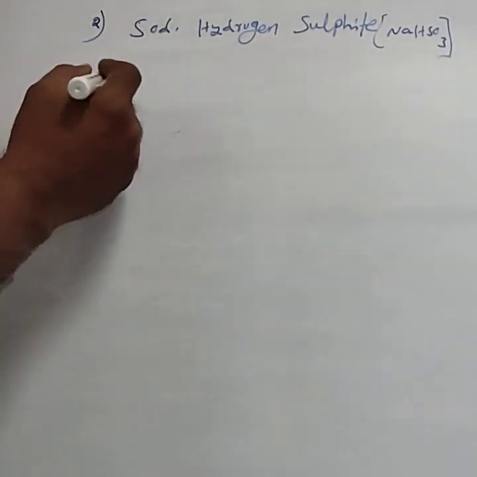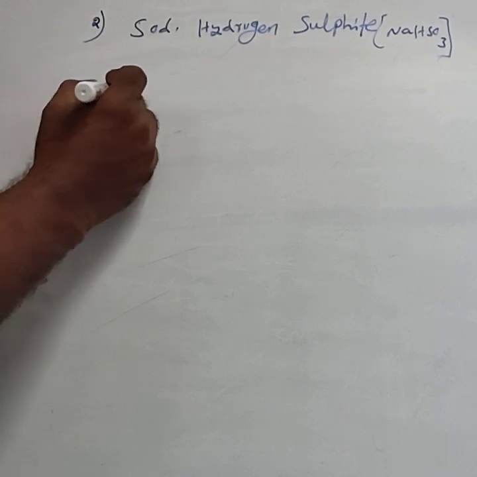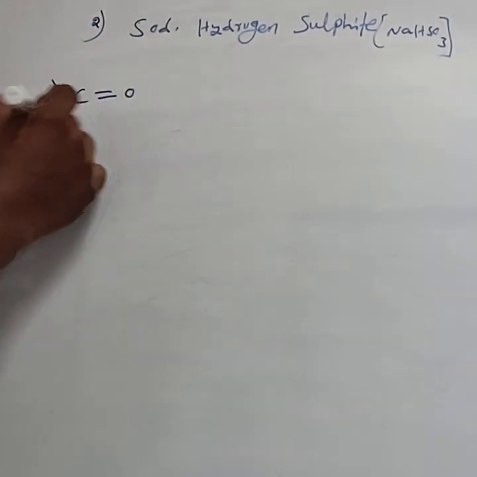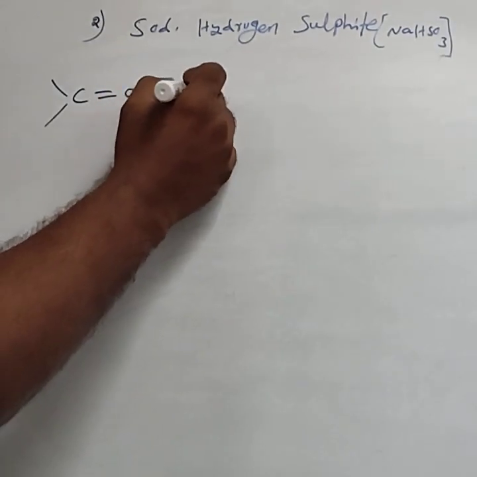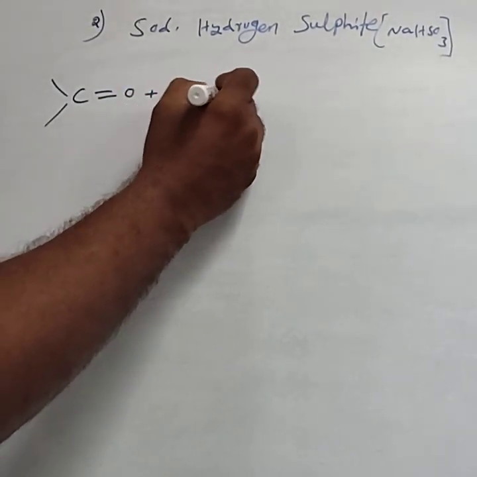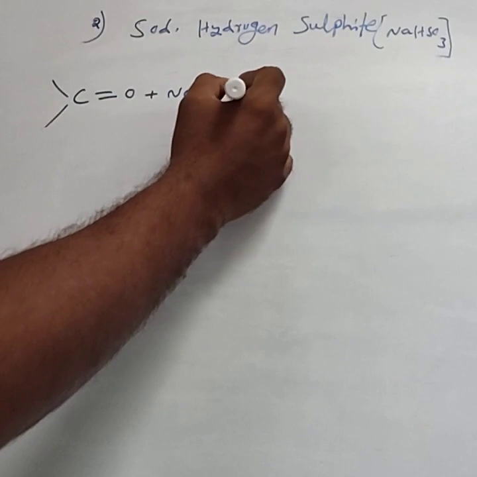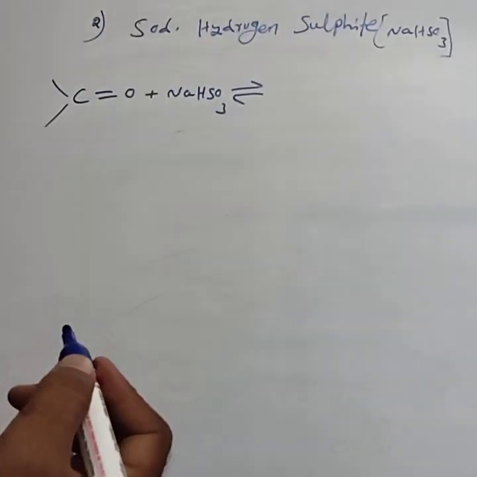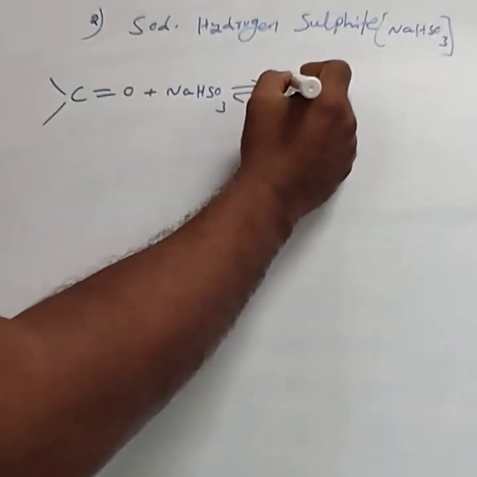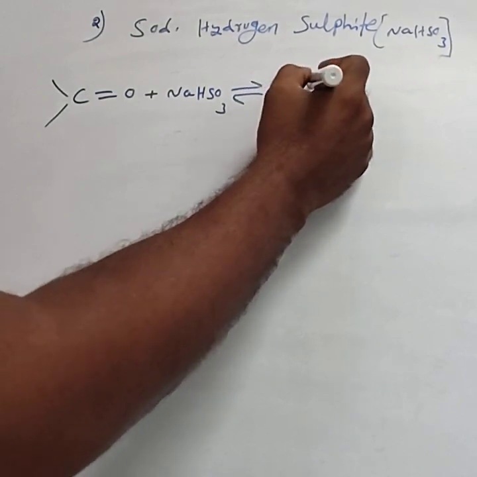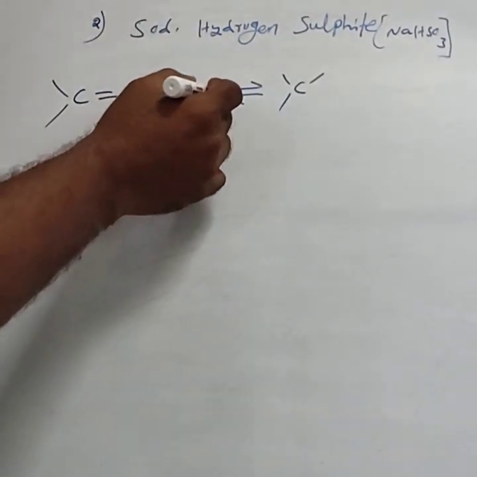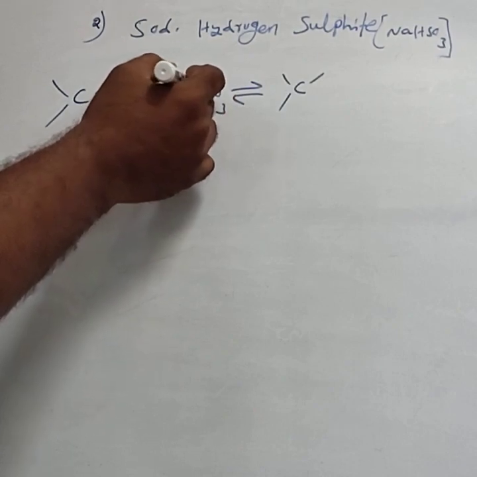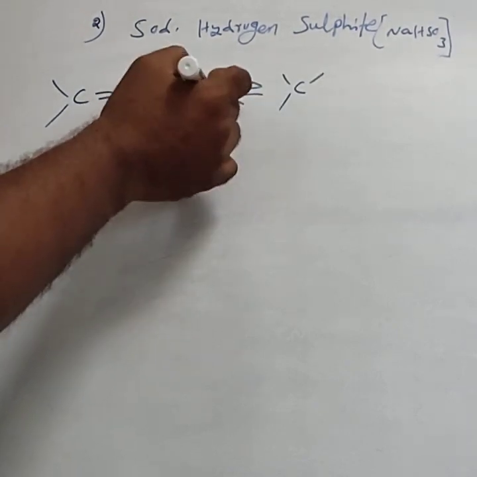Aldehydes or ketones, that is, carbonyl compounds, C double bond O, react with sodium hydrogen sulfite. They form a reactive intermediate. From NaHSO3, we get Na plus and HSO3 minus.